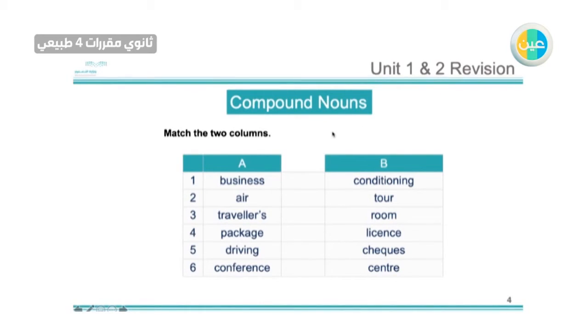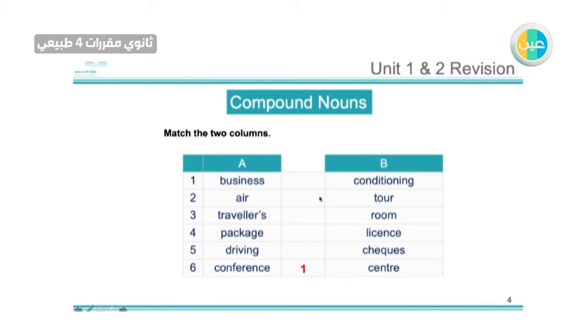So it is center, a business center. A business center is a room in hotels that has a computer and a printer, or a meeting room, and you can use it multiple times while you are staying there.